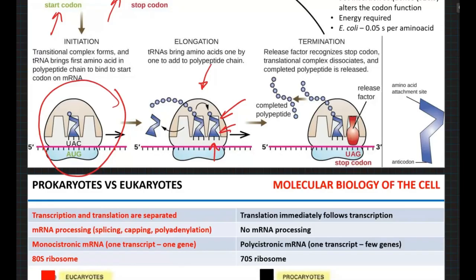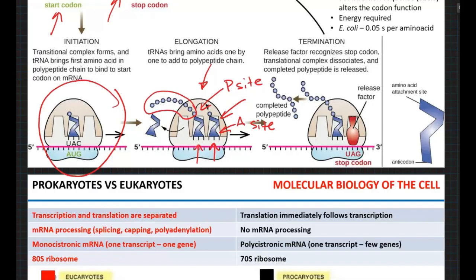The pocket is called an A site. This A is for attachment. The site in the center is called the P site, for polypeptide. You can see that there's a tRNA with the polypeptide chain hanging off of it.